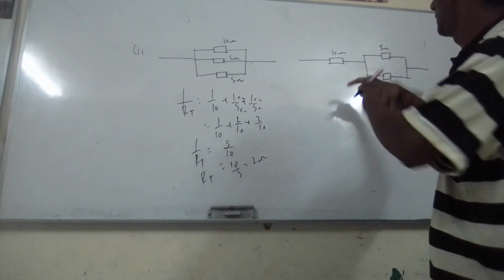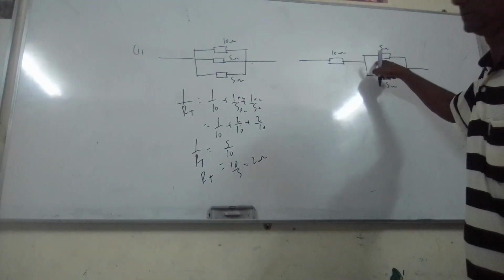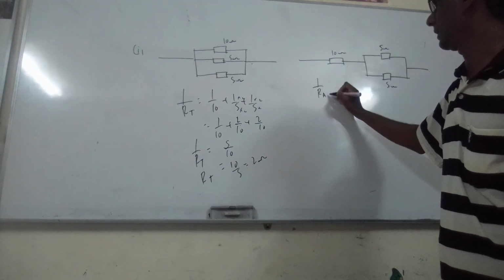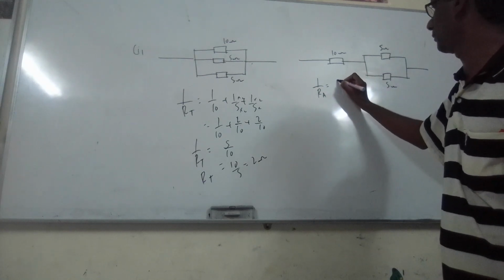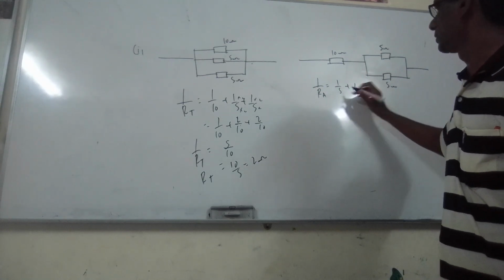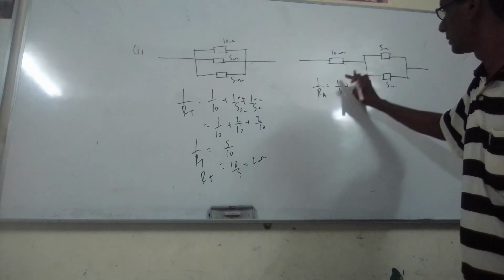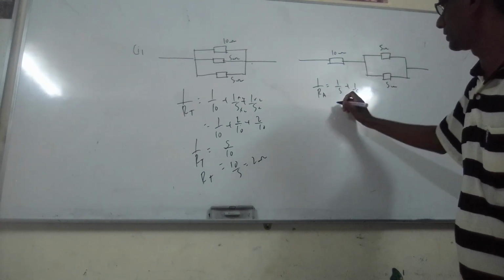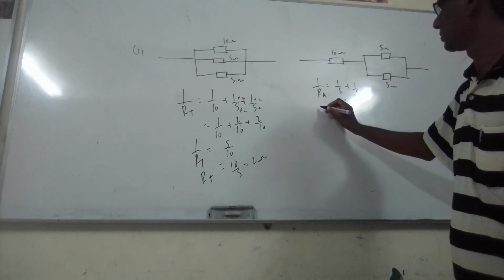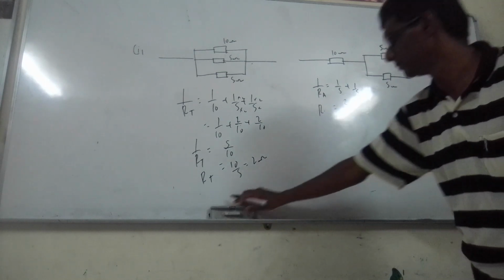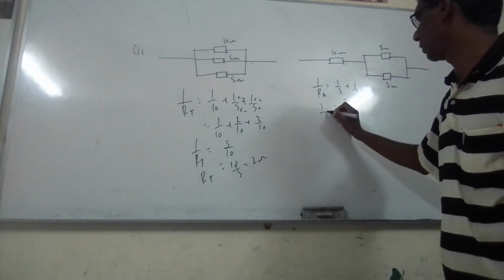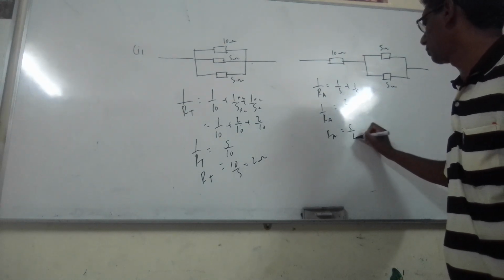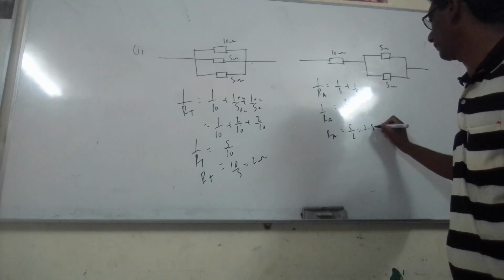So series and parallel; we have to do the parallel first. 1 over RA is 1 over 5 plus 1 over 5, which equals 2 over 5. It's not the total yet, we are doing only the parallel. So RA equals 5 over 2, equals 2.5 ohm.